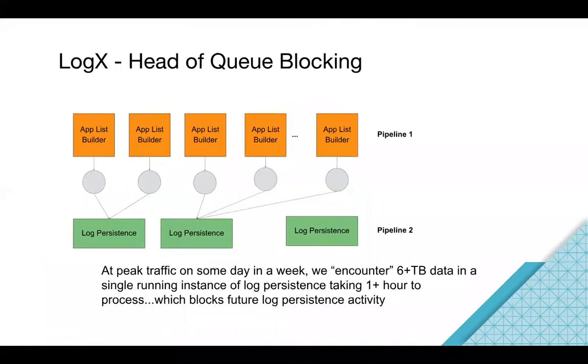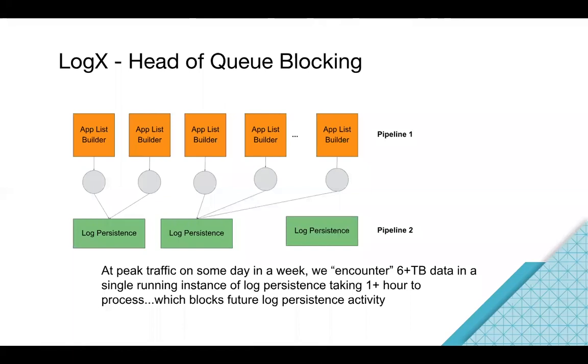So the next factor about how we scale the design of LogX at Uber is about how we resolve the head of queue blocking problem. I also talked about that our log traffic is actually very spiky. A single log persistence application would take more than 6 terabytes of data, and it will take more than 1 hour to process.